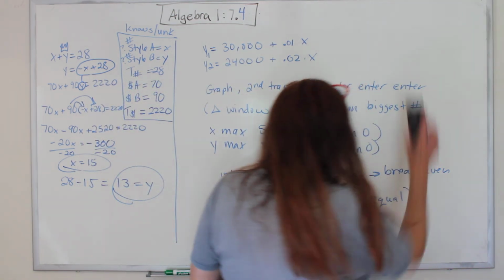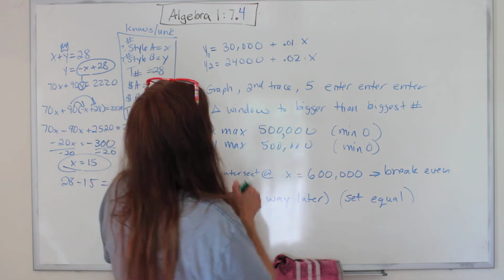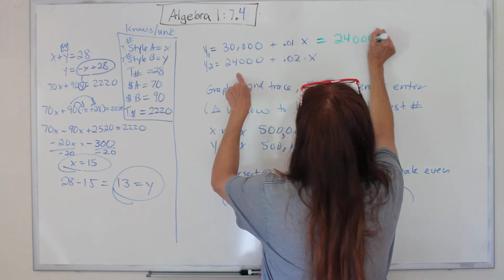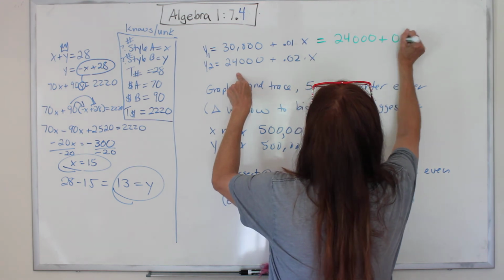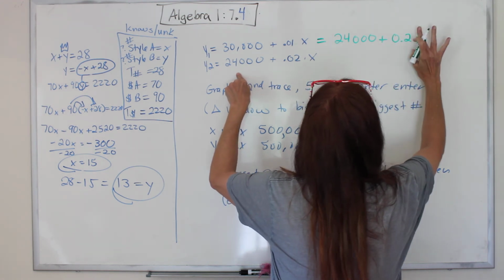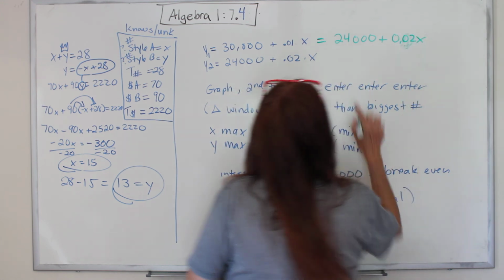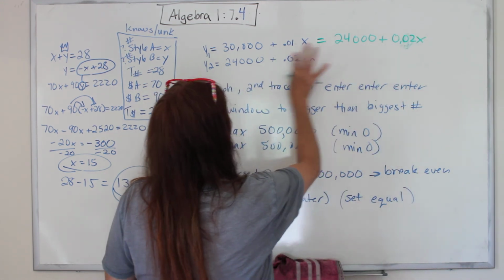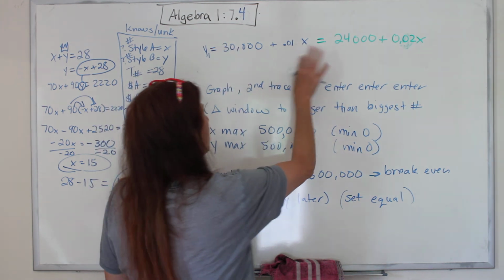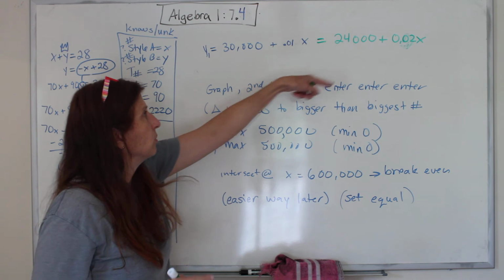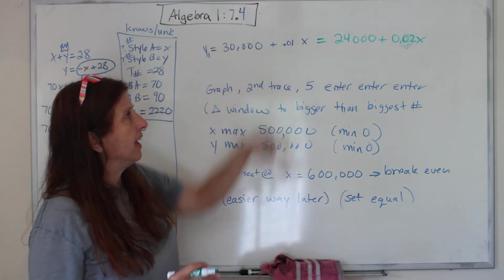So we'd do this, and we would say equals 24000 plus 0.2x, drop to 0. There you go. You set them equal, and then you solve for x. You gather up your terms, you get 1x on one side, and then you get your 24,000 on the other side, and that would tell you the answer.